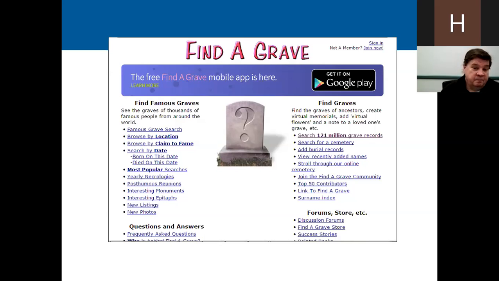And it'll give you the information, usually off the stone, but sometimes they put other information too if they know it. Like other members of the family buried in the same plot, maybe a spouse if they're buried at the same plot or have the same headstone. Sometimes there's pictures of the stone. Sometimes there's pictures of the people. It just is what the volunteer could come up with when they put the thing together.